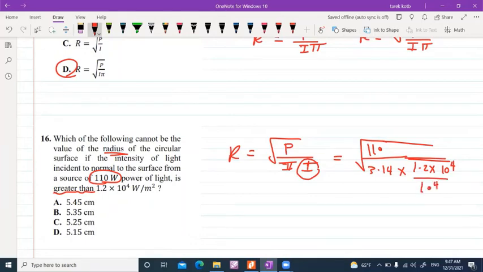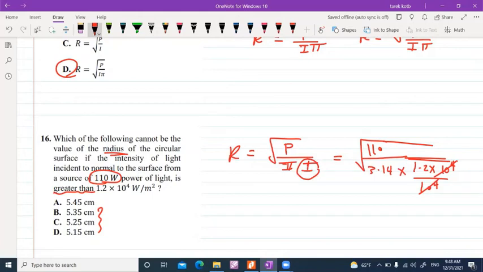Why? Because the answer is in centimeter, look, the answer in centimeter. And to change from meter square to centimeter, you have to divide by 100 times 100, which is 100 square. 100 square means 10 power 4. So you cancel this with this and then get the number.